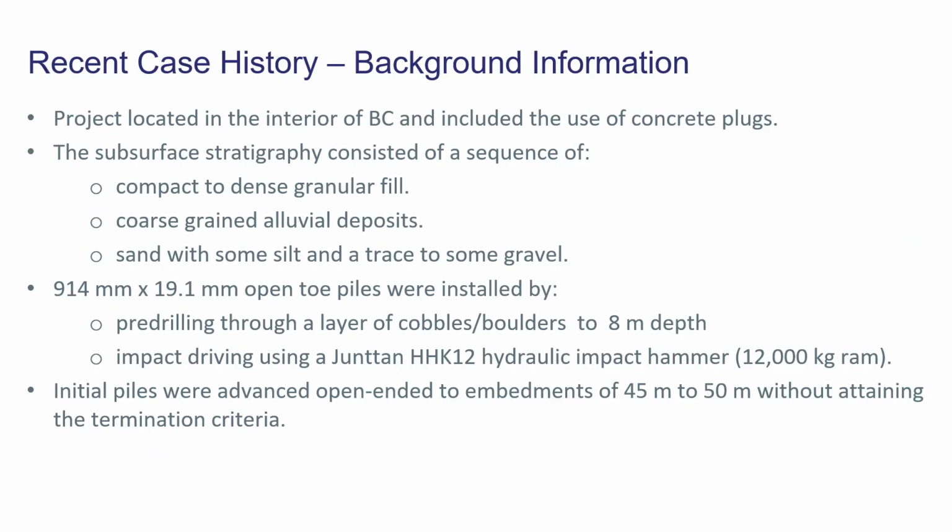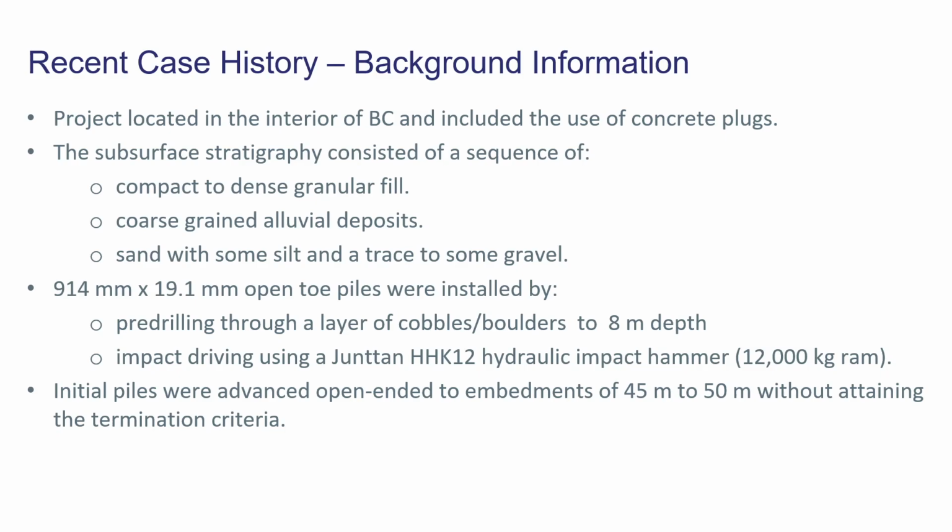So if we go now to a recent case history, we've got a project in the interior that included the use of concrete plugs. The site had compact to dense granular fills, some coarse grained alluvial deposits, et cetera, and then we get into sand down below. The piles are 914 by 19.1 mil wall, pretty standard size piles.